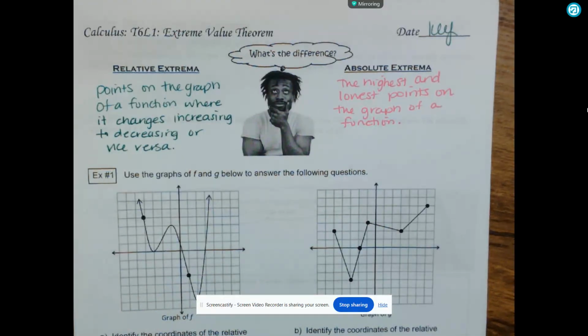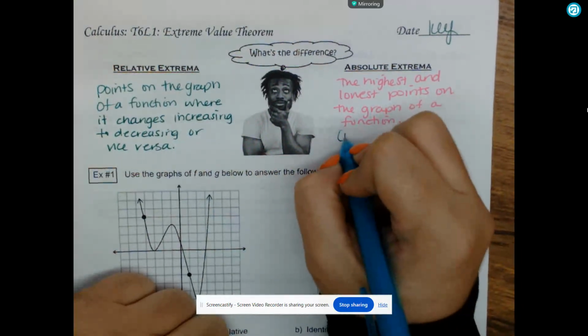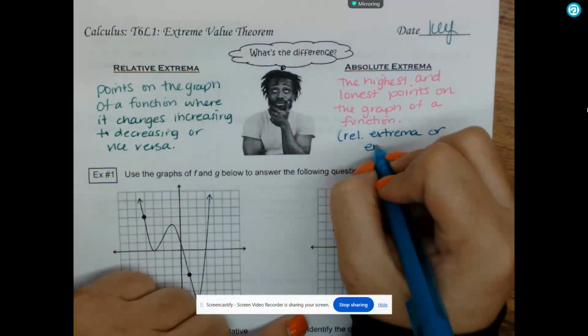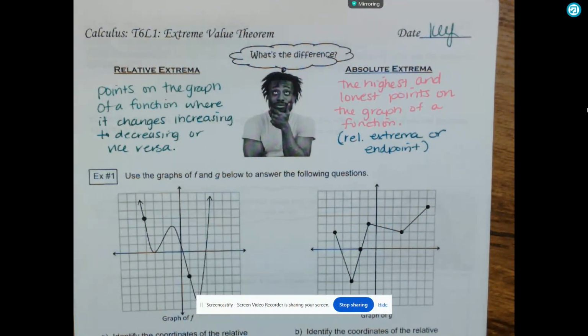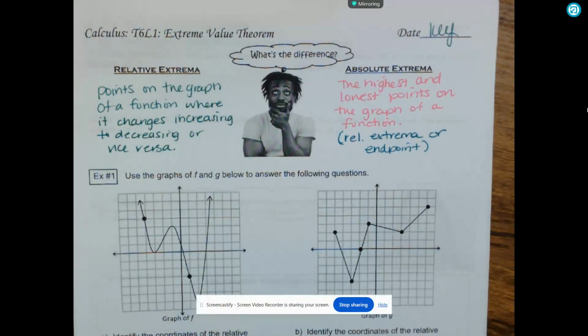I'll add this little tidbit: an absolute extrema can be your relative extrema, so it can be a min or a max, or it could be an endpoint.